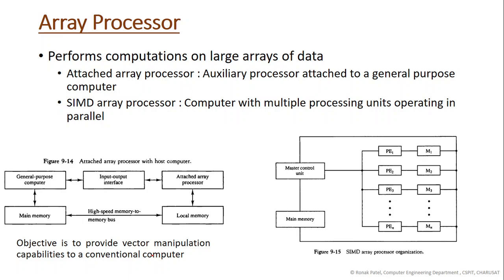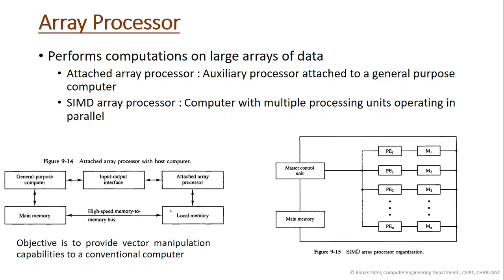So I have a conventional computer, but I want to achieve higher performance. What I can do is attach that array processor, and with its help I can achieve the performance.